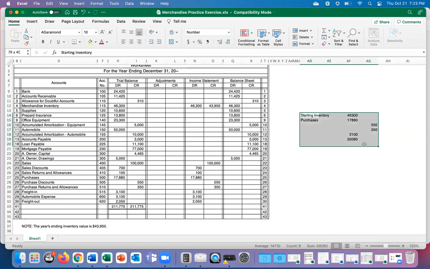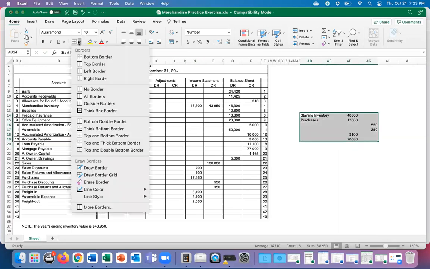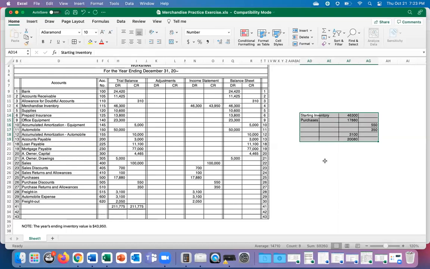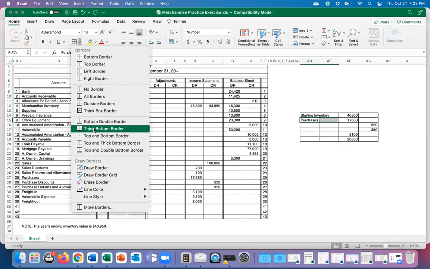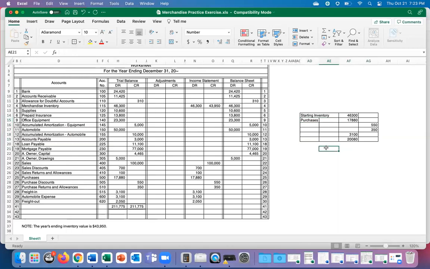And let me just put some squares around this so we can see what's going on. All right. So we've got that. And then there's just one other part of the cost of goods sold formula here, and that is our ending inventory, which we need to subtract from the other numbers.